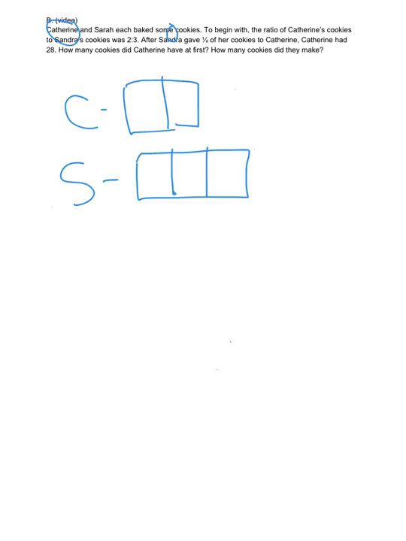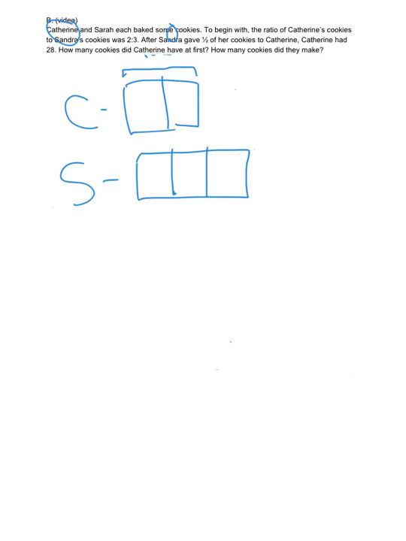Now the problem tells us that Sarah is going to give half of her cookies to Catherine. That means Catherine's now going to have 28 cookies total. They want to know what she started with first. So these 2 units are what she started with. We don't know what that is yet.